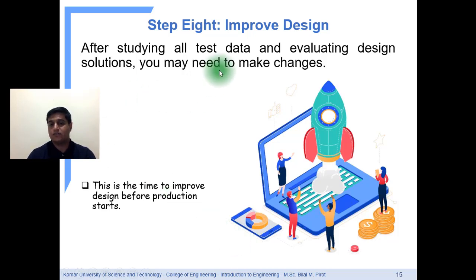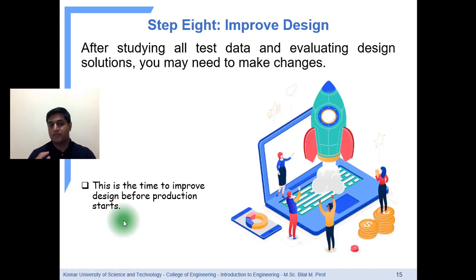After studying all test data and evaluating design solutions, you may need to make changes. Sometimes you will remove something, you will add something new. So this is called improving the design. This is the time to improve the design before production starts.